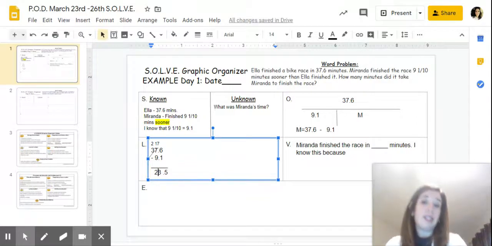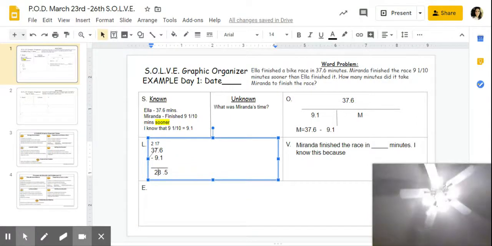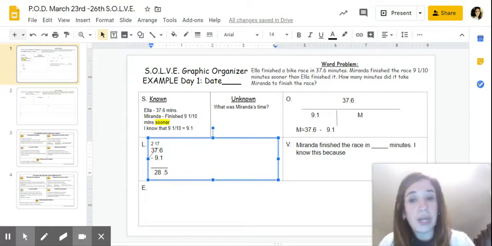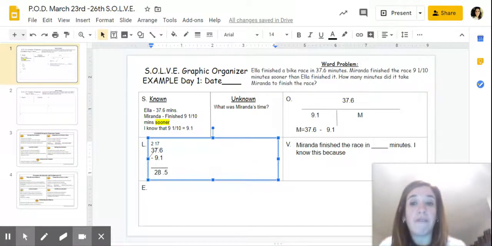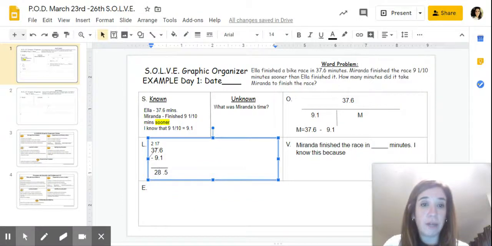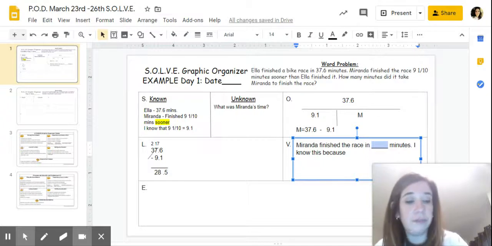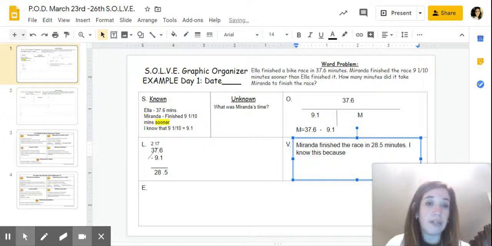So then it tells me, right there by solving it, that Miranda finished her race in 28 and 5/10 minutes. So Miranda finished the race in, and then here I would go ahead and, instead of the blank, write 28 and 5/10 minutes.